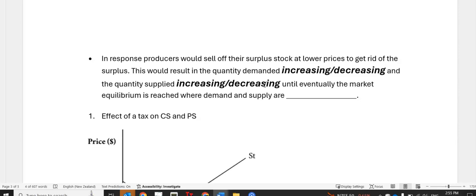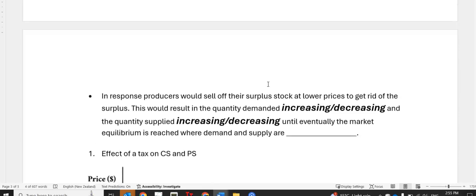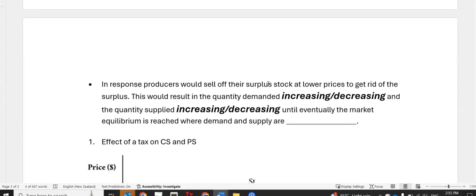What is going to happen to quantity demanded? What is going to happen to quantity supplied until the equilibrium is reached and demand and supply are equal? That's it. You can use those two bullet points, and that should pretty much guarantee you a merit. You just got to practice it on your graphs.